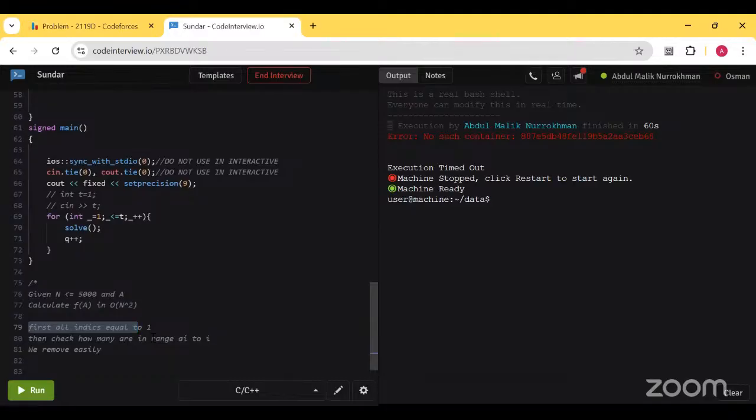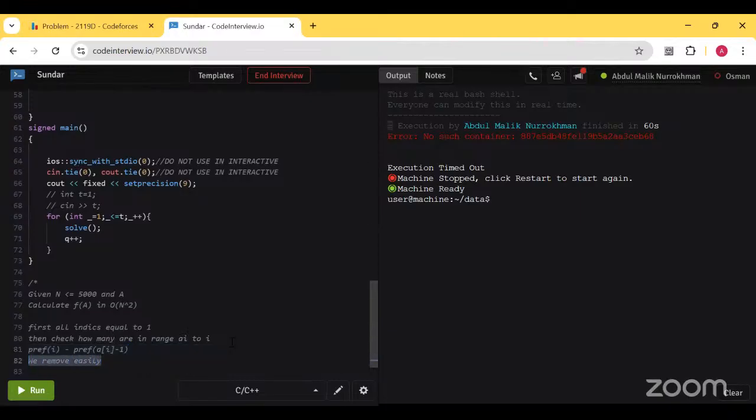Okay, for example, let's create a Fenwick tree with size n and all values equal to 1. We can easily find how many values are in the range a_i to i using pref[i] minus pref[a_i minus 1], right? And then we can remove easily.